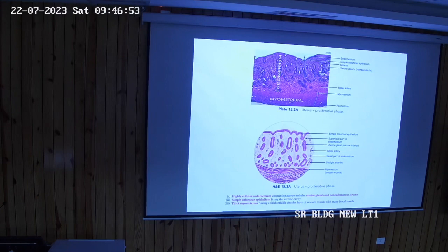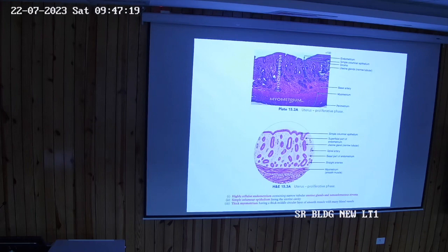Below this, look at the myometrium. The myometrium consists of smooth muscle fibers, and these smooth muscle fibers run in all directions. They are circular, longitudinal, and oblique. Last is the serosa. Very simple, that is lined by squamous epithelium or continued with the mesothelium.